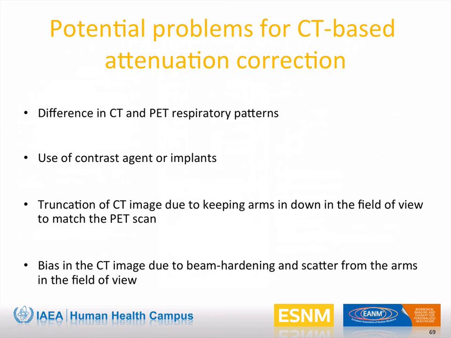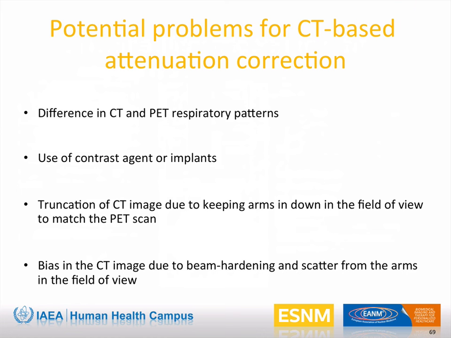There are also other potential problems in analyzing PET images after CT-based attenuation correction. The difference in CT and PET respiratory patterns can lead, for example, to artifacts near the dome of the liver. The use of contrast agent or implants can cause incorrect values in the PET image.